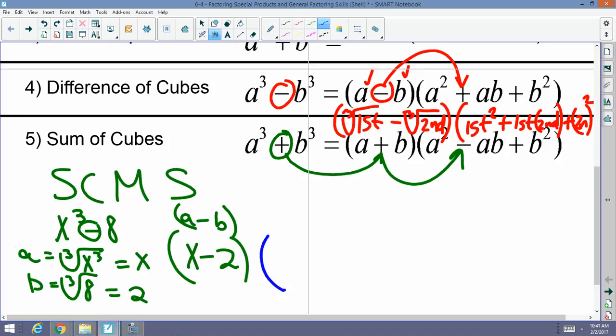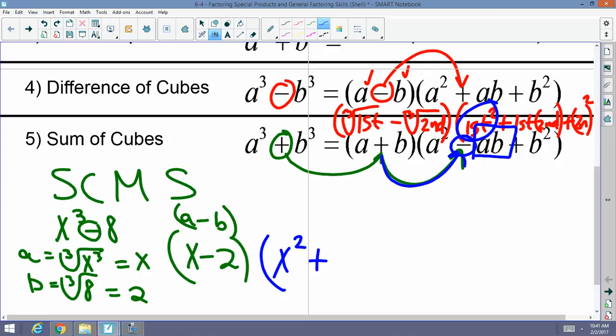Schisms. Didn't I say we square the first term? So S for square. So first term squared. Didn't I then say you change the signs? C for change the sign. Didn't I say you multiply the first two cube-rooted terms?